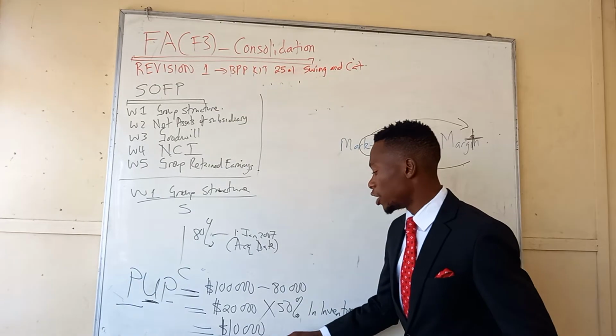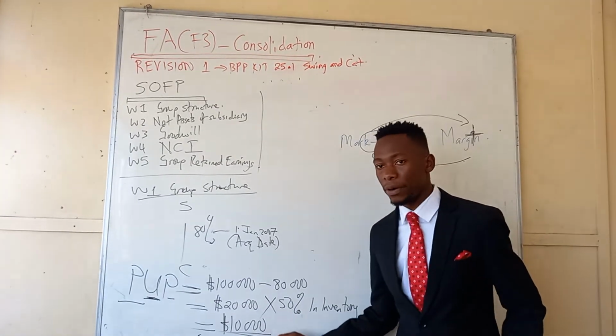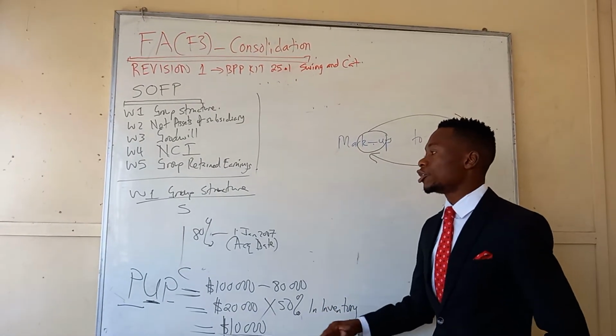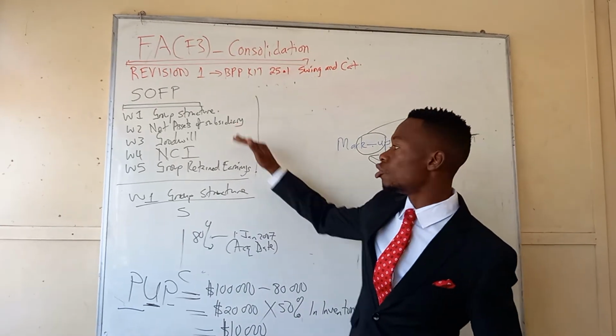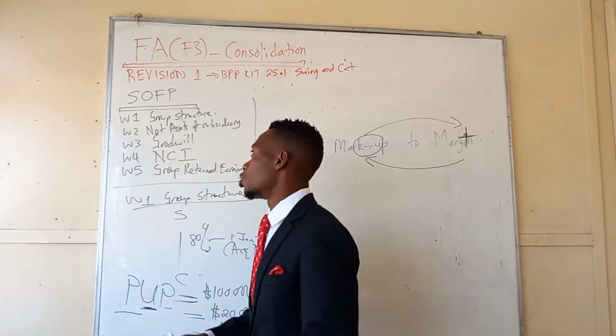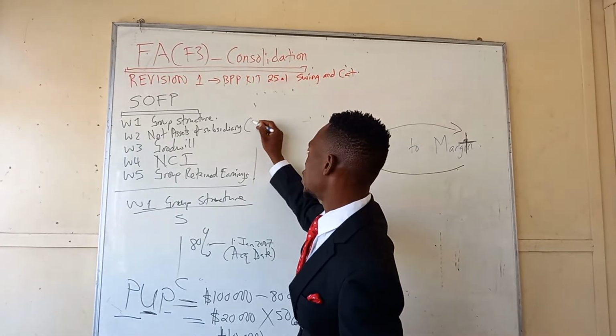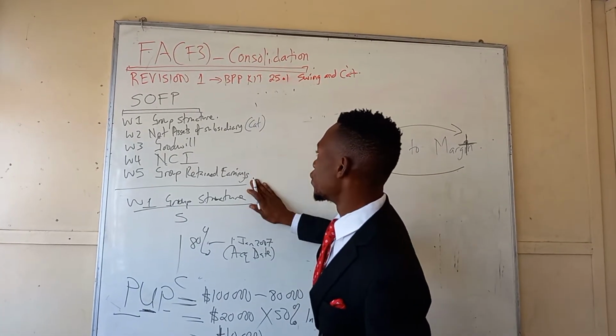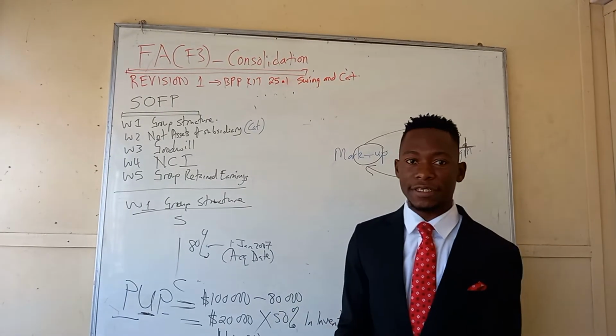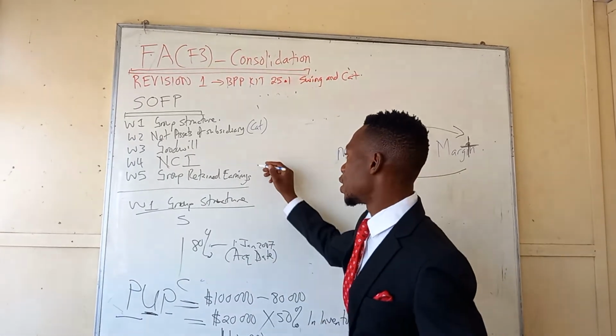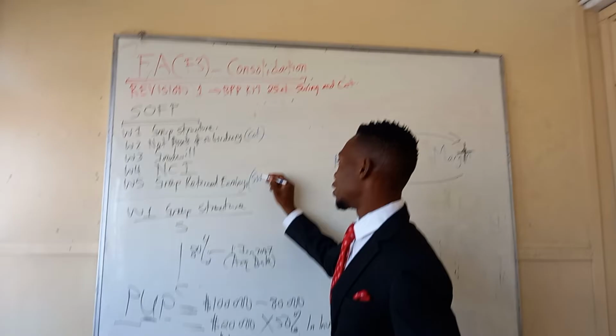Now we must eliminate this PUP. Are you going to deduct it from working 2 or from working 5? Working 2 is the net assets of subsidiary. Who is our subsidiary? Our subsidiary is Cat. W5, group retained earnings, is the retained earnings for the parent, that's Swing.